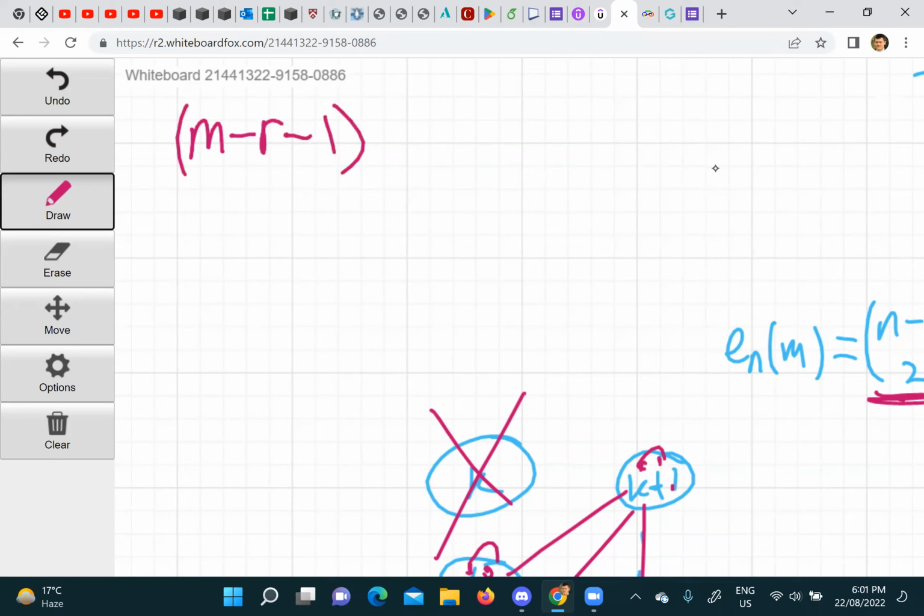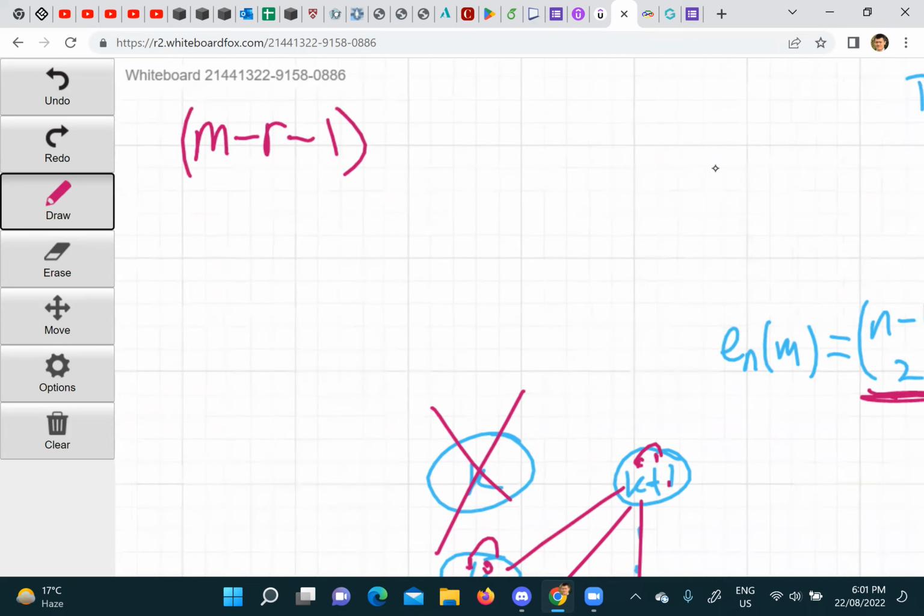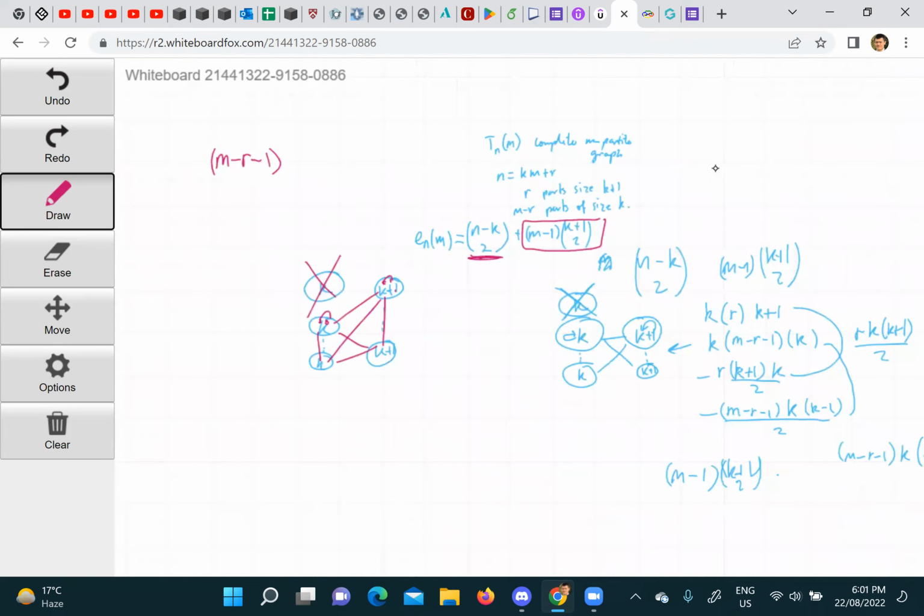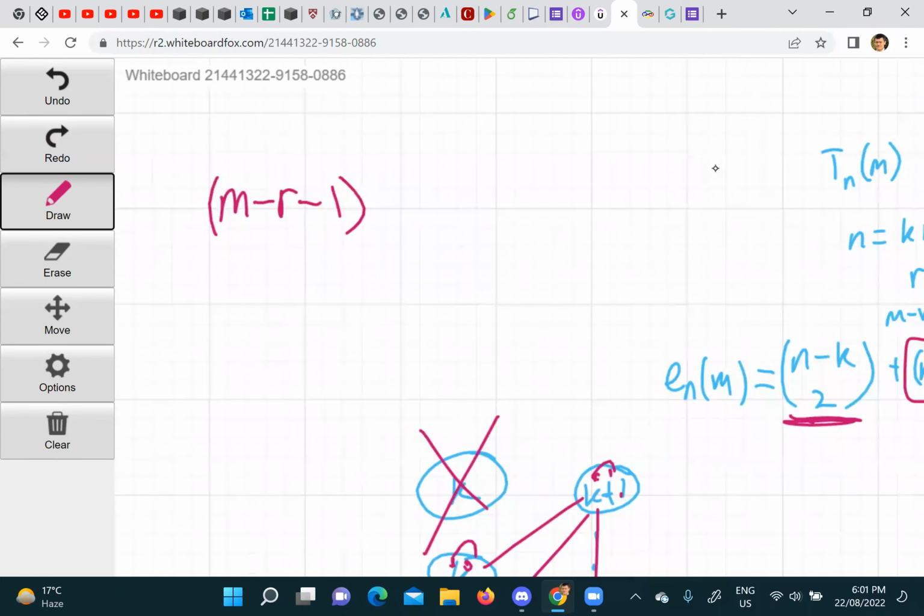And the number of edges joining k things to k things is k squared. So that's how many edges you need to add from the parts with k vertices in them.